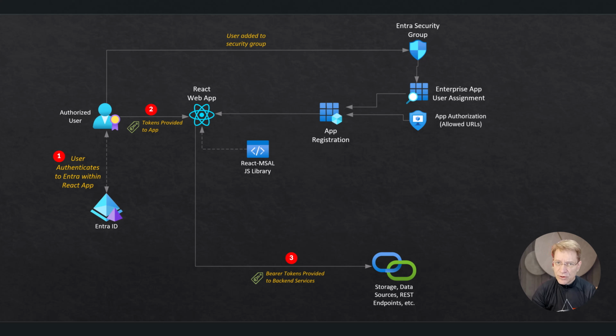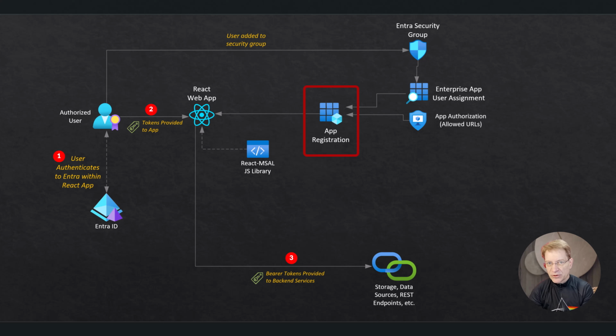In order to make this work, we do need to put some information into the Entra configuration. The top right of this diagram is all Entra configuration. That starts with an app registration, and we'll go through and create one of those from scratch. The registration is essentially telling Entra that there does exist this application, and it can use Entra as its identity provider.